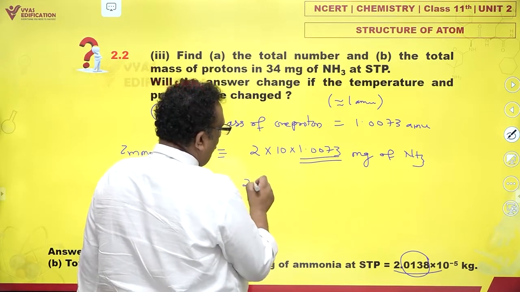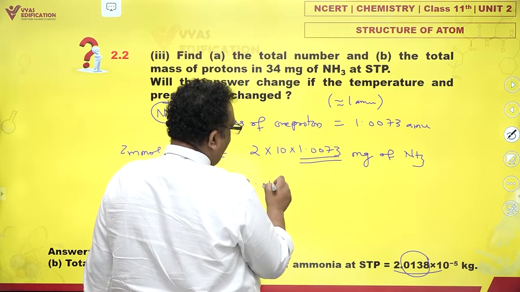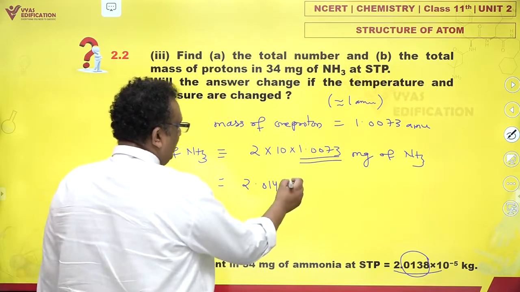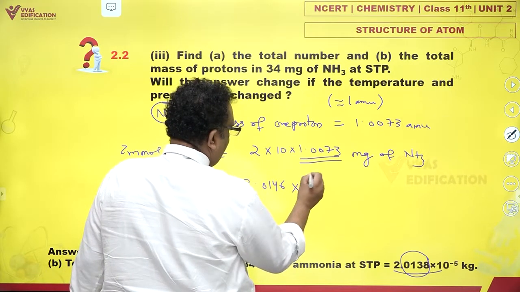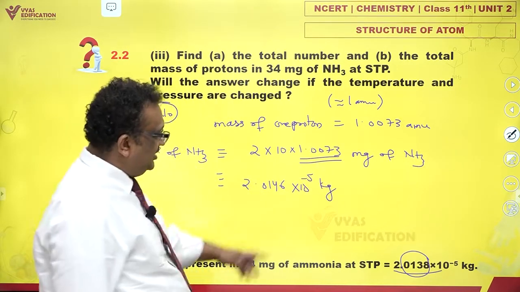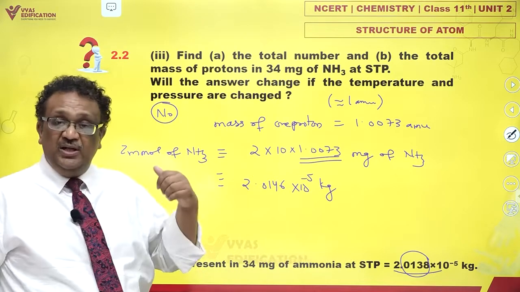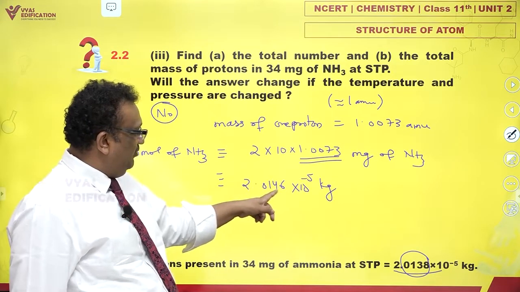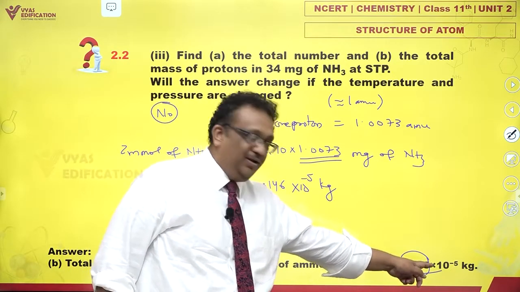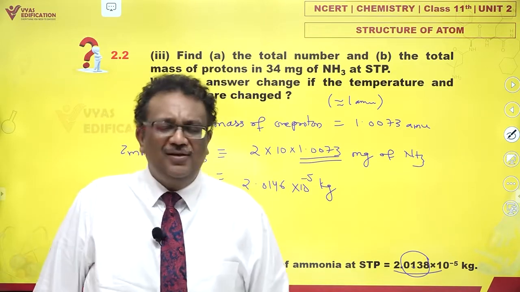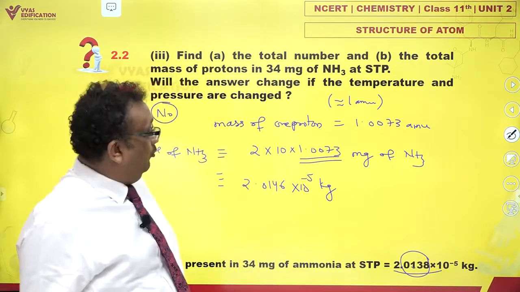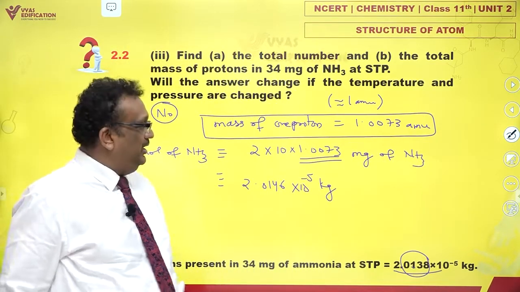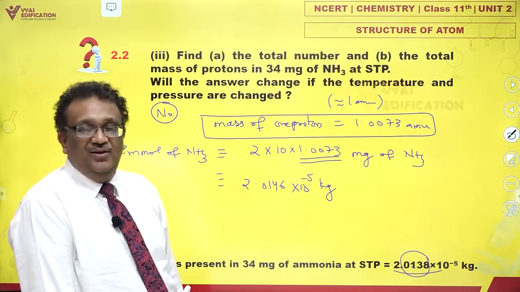This is 2.0146 into 10 raised to minus 5 kg. So the approximate answer was 2 into 10 raised to minus 5 kg. If you want to come closer in decimals, 2.0146, that's close. It's a more accurate answer. If you want, you can use this result, but for this, you have to learn that the mass of one proton accurately is 1.0073 AMU.